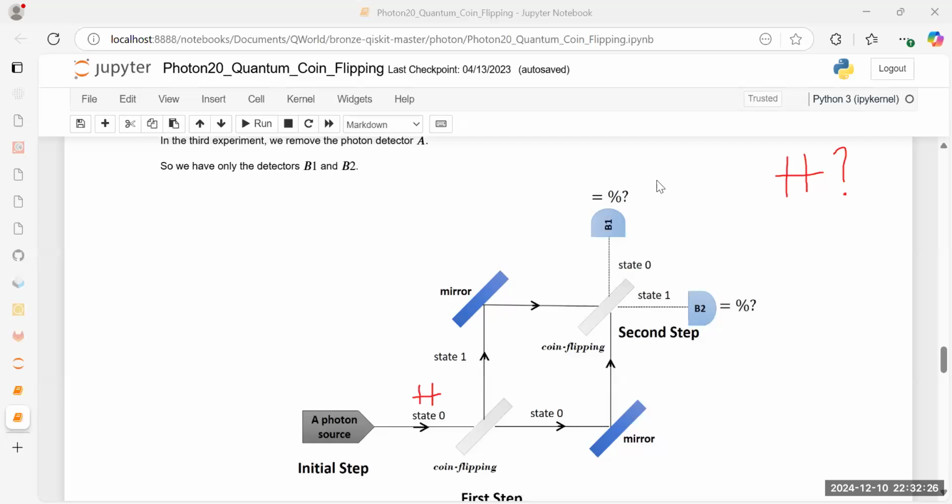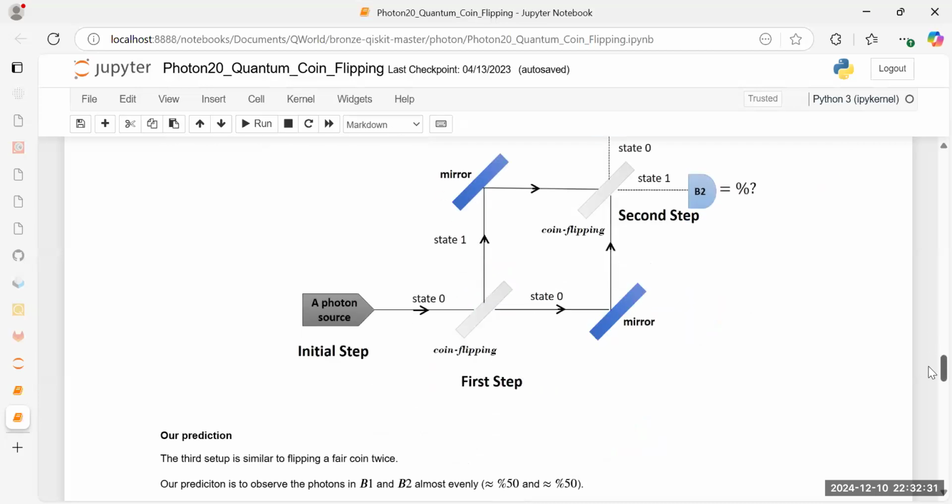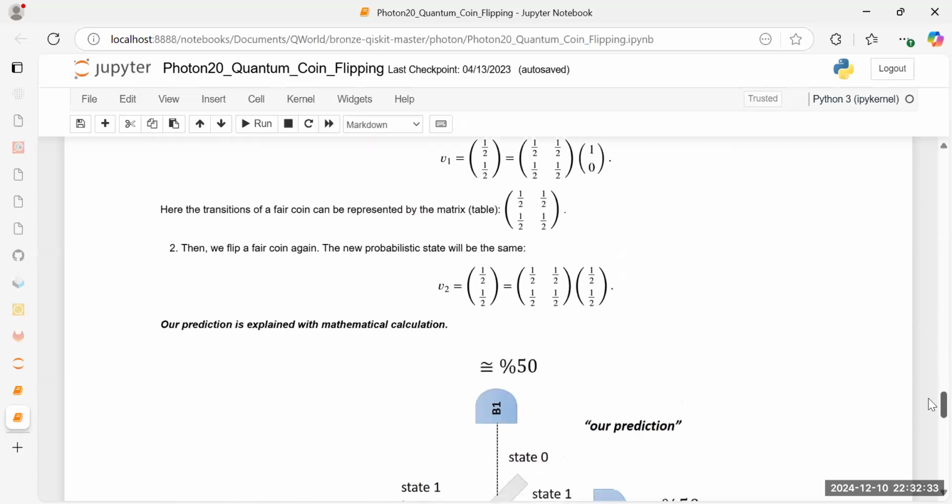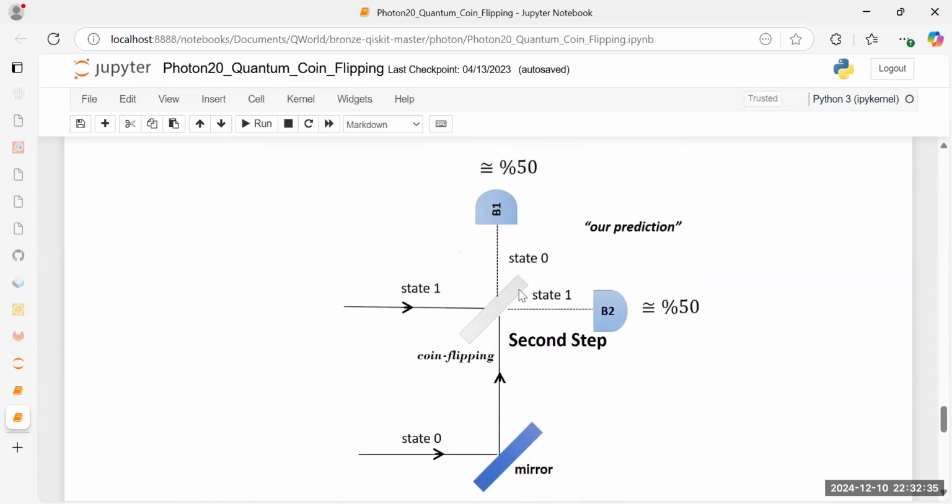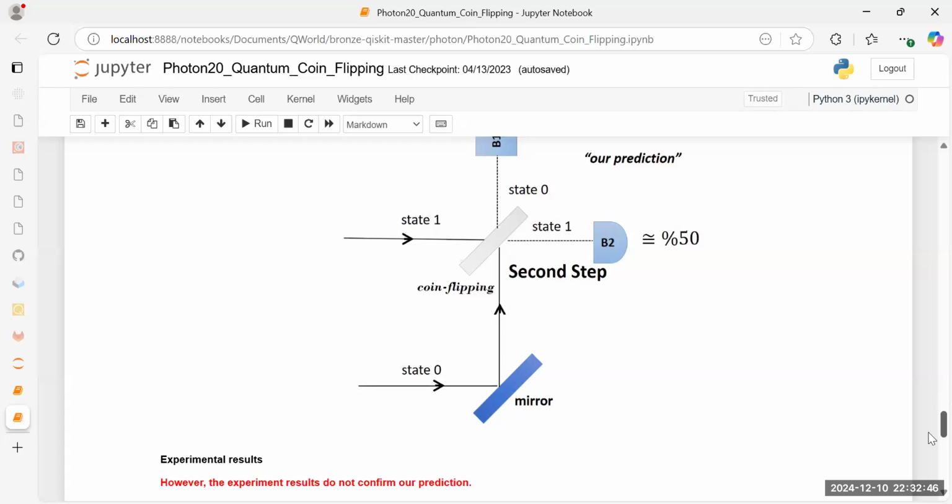Let's scroll down and see what you actually get. So this is actually what most people predicted, that we're going to have a 50% chance it lands on head and a 50% chance it lands on tail.